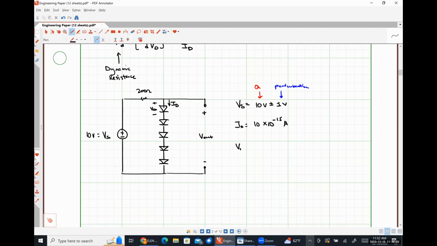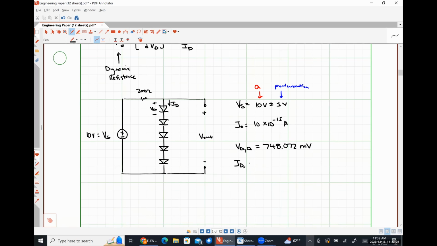And we found that the diode voltage at our quiescent operating point was 748.072 millivolts. That's what we found earlier. I'm just literally taking that number.